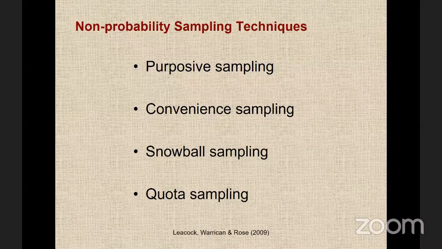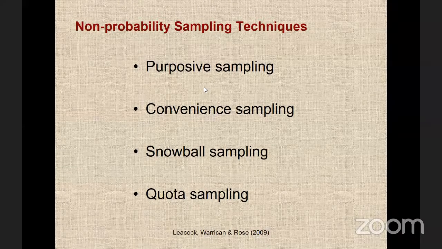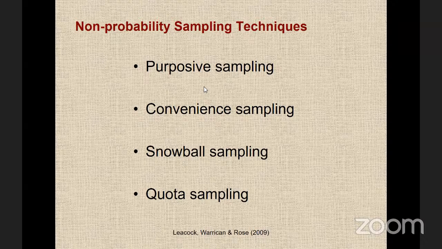Anyway, all that to say that even though probability sampling is better than non-probability sampling, sometimes we are, quote unquote, left with only non-probability choices, and it's a matter of figuring out which one is best.